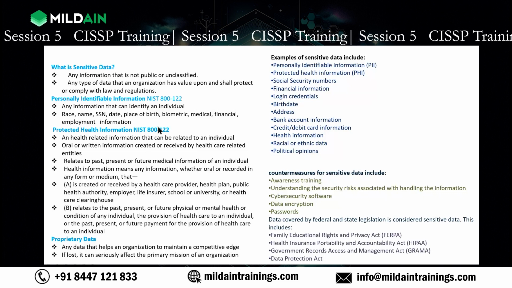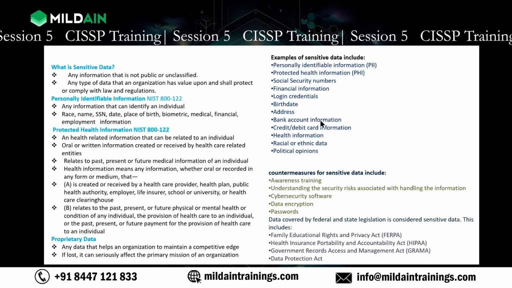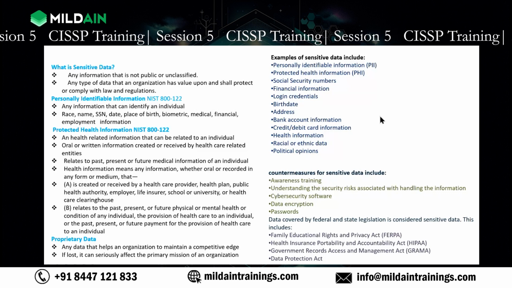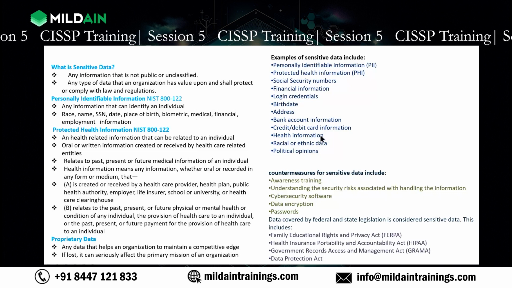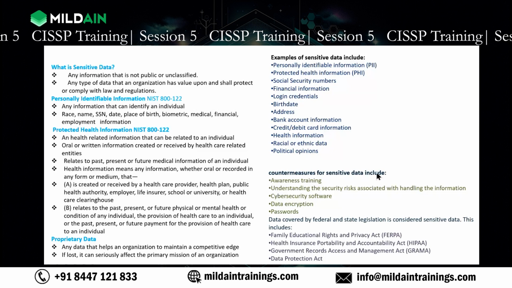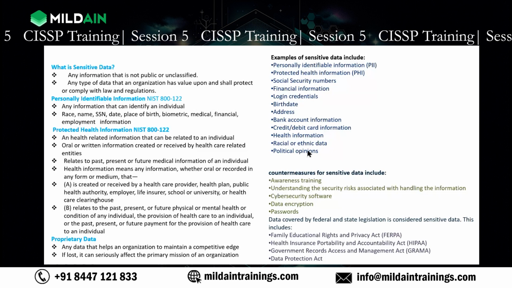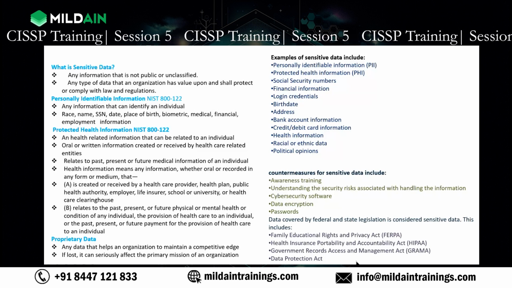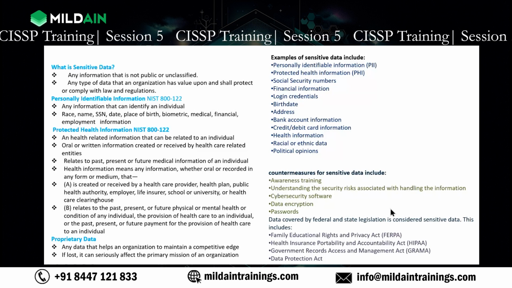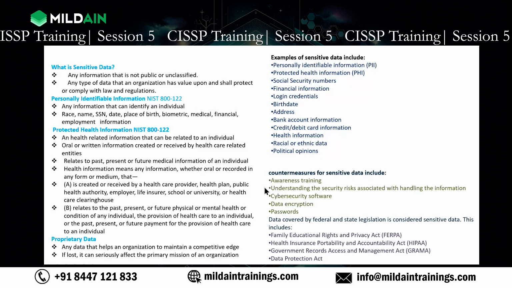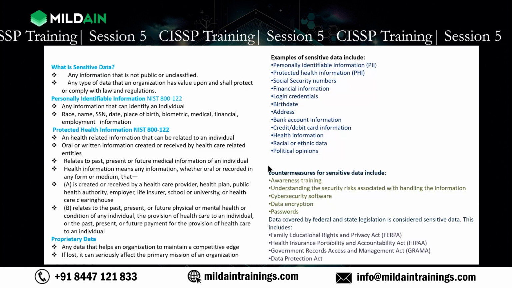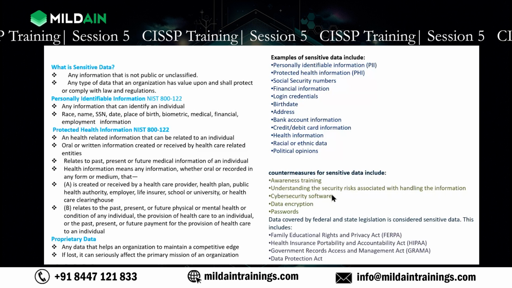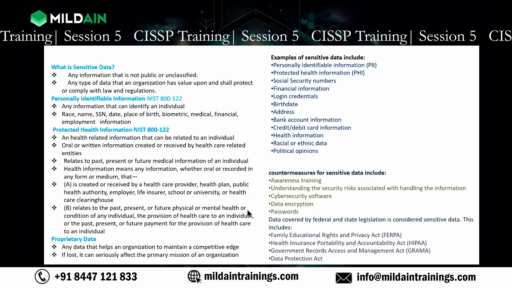It talks about social security numbers, biometrics, individual social numbers, financial numbers, date of birth, credit card information, political information. To protect this sensitive or private health information, we need security awareness training. We need to understand cybersecurity, data encryption, access controls, FERPA, HIPAA, the Gramm-Leach-Bliley Act, or Data Protection Act. So wherever you use it, you'll have that information as per the requirement.